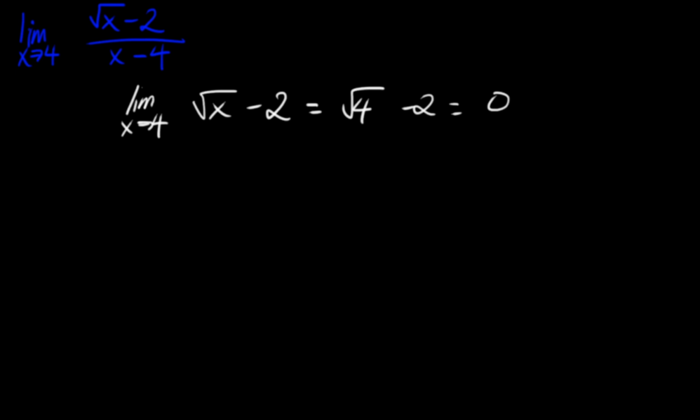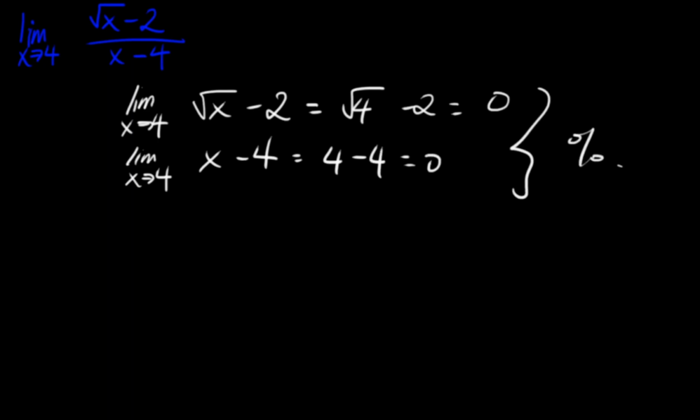Because 2 minus 2 equals 0. And then the limit as x approaches 4 of x minus 4 equals 4 minus 4. Of course, that equals 0, so that's going to be the indeterminate form of 0 over 0, right? So now, we have to figure out what we can do to even get the answer out here.